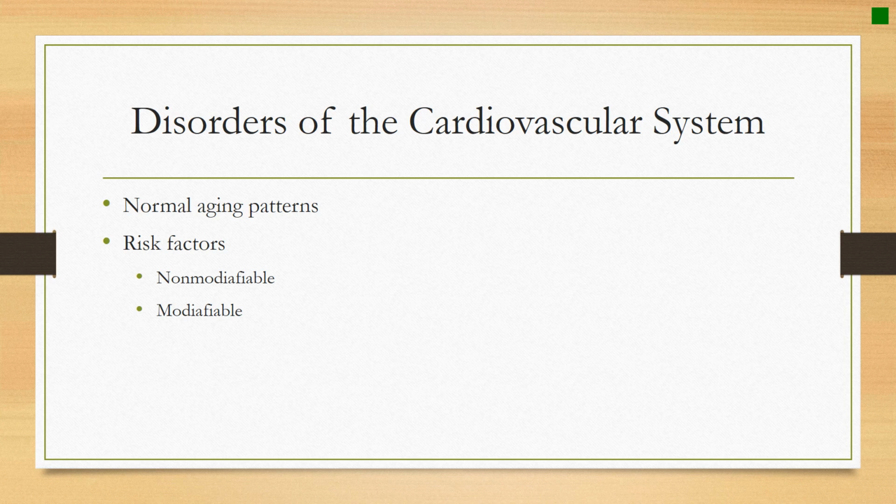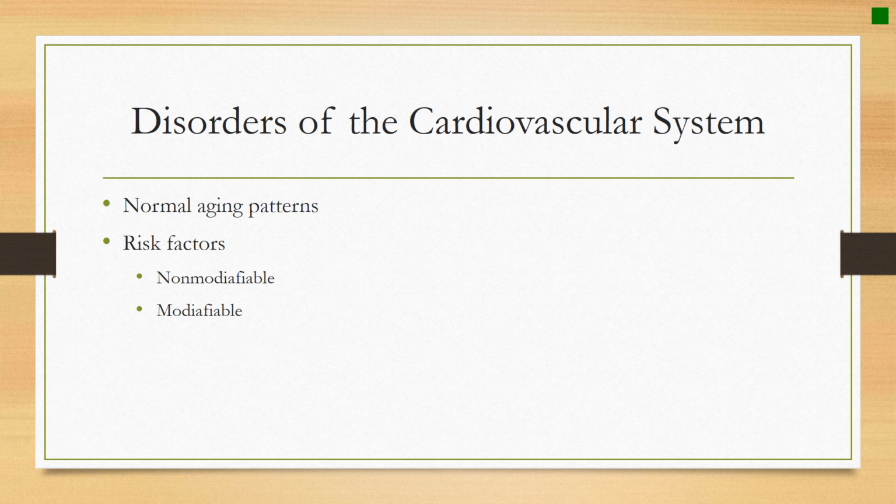Diabetes mellitus. Cardiovascular disease is more prevalent in those with diabetes. Elevated glucose levels damage the arterial intima and contribute to atherosclerosis. Diabetics also have altered lipid metabolism and tend to have high cholesterol and triglyceride levels. Obesity.